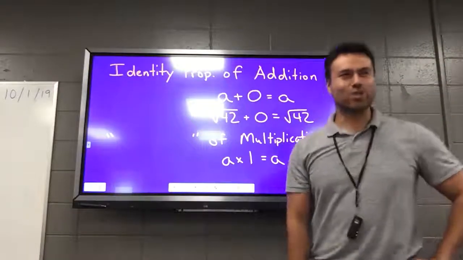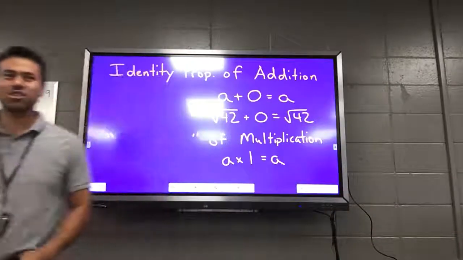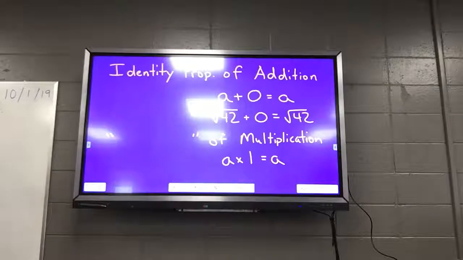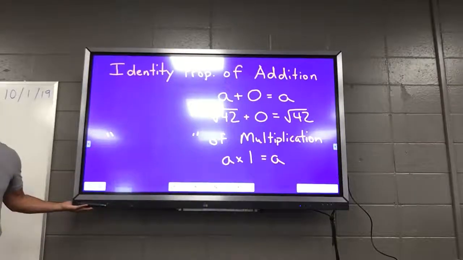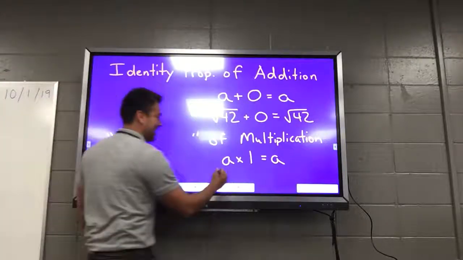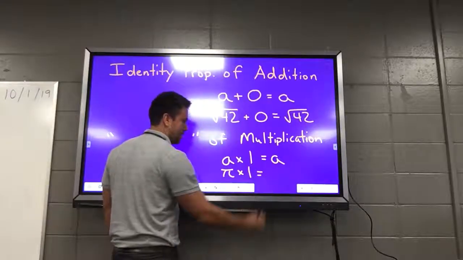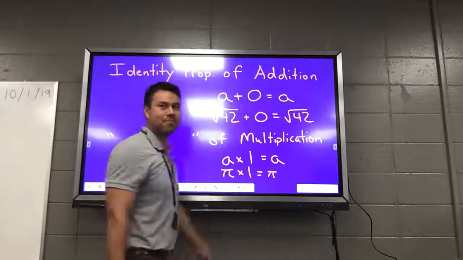Or like any other circular object out there that has a certain calculation. Mr. A's favorite food is pizza. Pie. Oh, she got it. It's pi. Pi times 1 equals what? Pi. Thank you, Ryan. I love pizza. And I should stop eating it because I love it so much.